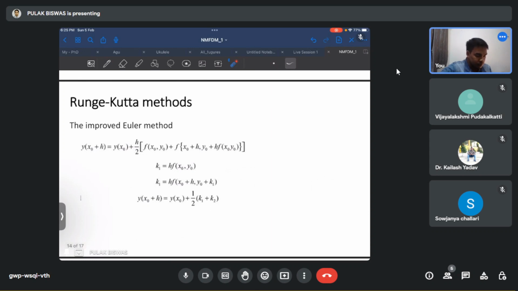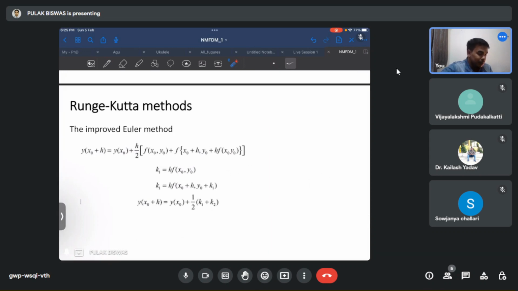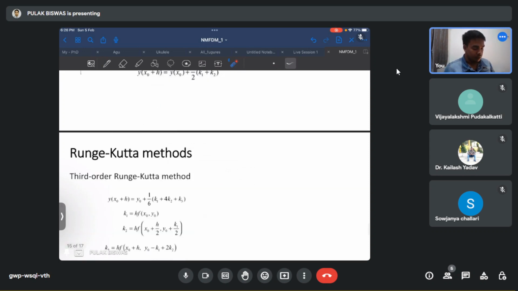In this case we represent it in terms of the summation of two functions: k1, the original function, and k2, which is like this. The improved method is then k1 plus k2. K1 is the same as Euler's method, and k2 is the extra term for the modified Euler case, and we take the average of these two values.